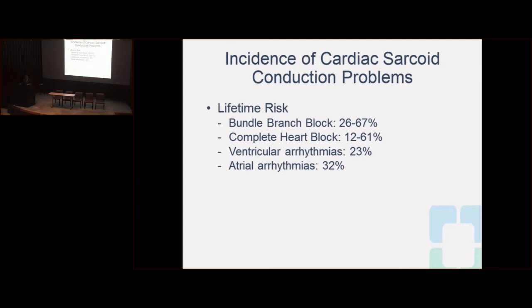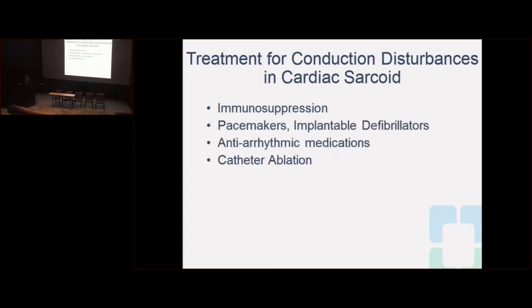And ventricular arrhythmias can be seen in up to 23%. But that includes what we call PVCs, these extra beats from the bottom chambers, and other arrhythmias that are not life-threatening. So it's really difficult to put a firm number on how many patients are at real risk for these dangerous arrhythmias with cardiac sarcoid.